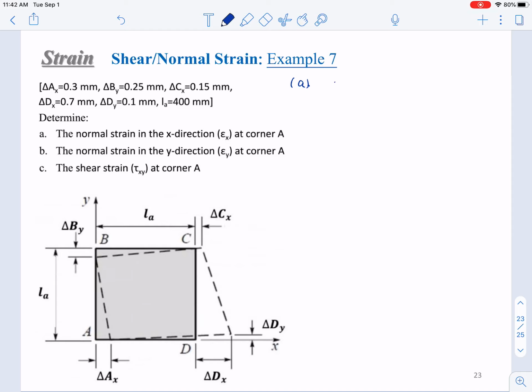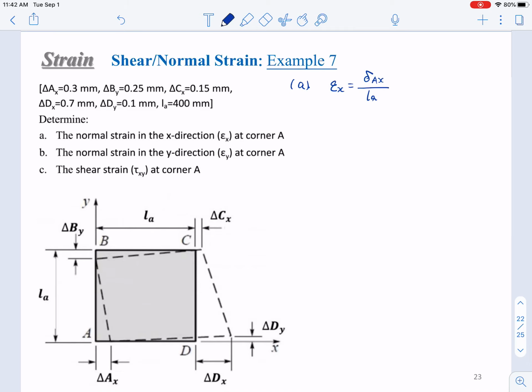Here we're finding epsilon X at point A. We just need to find the deformation at point A along X direction over the original length, that is LAD. LAD just equals LA, that's 400 millimeter.